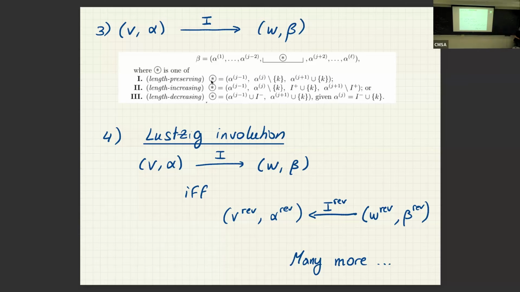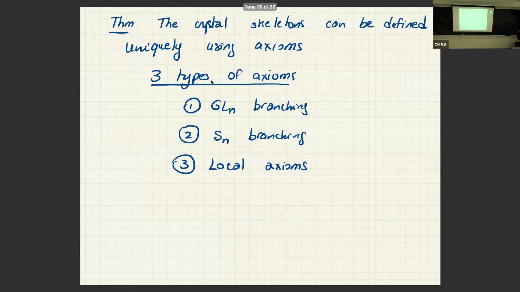So these graphs have many interesting combinatorial things. I'm not going to go through an exhaustive list, but in particular, what we did is we wrote axioms that characterize them in a unique way.